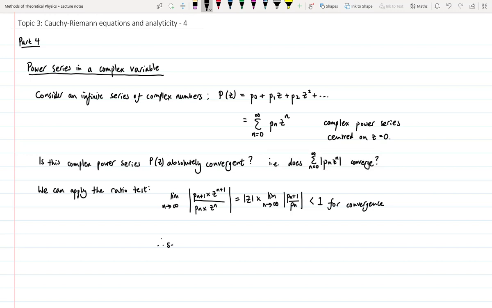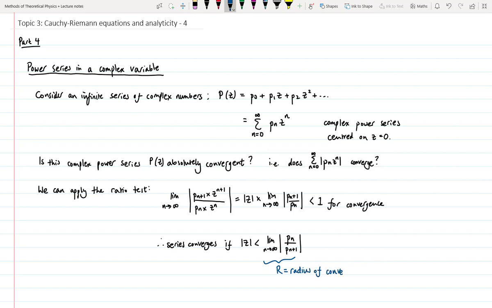Therefore, the series converges if the modulus of z is less than the limit as n tends to infinity of, and then we flip the numerator and denominator because we've taken it to the other side. We define this quantity on the right hand side as r, which is the radius of convergence.